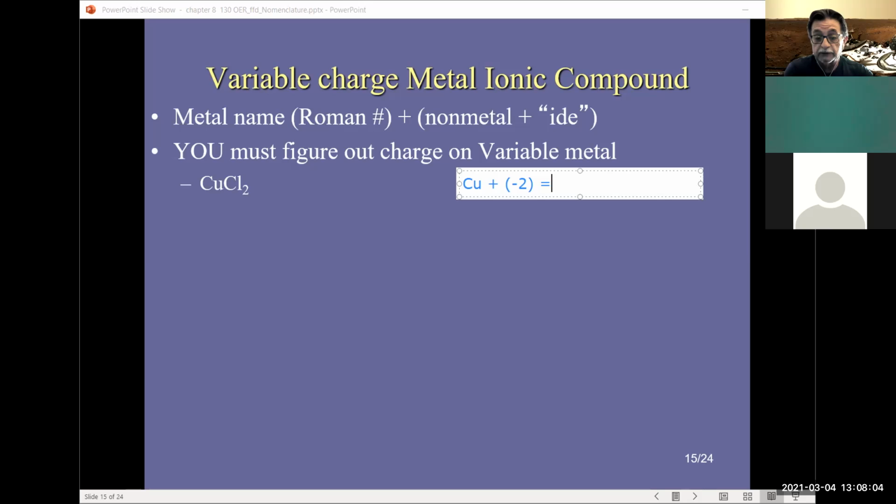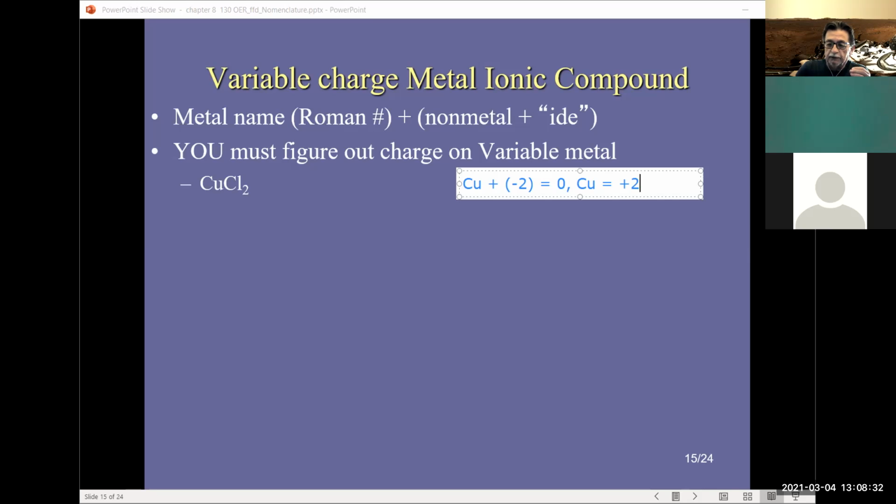We also know that this formula has a net charge of 0. So we set up our little general equation: copper plus -2 equals 0. We solve for copper, and copper is equal to a +2 charge.